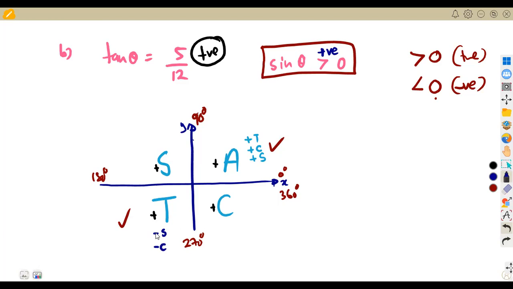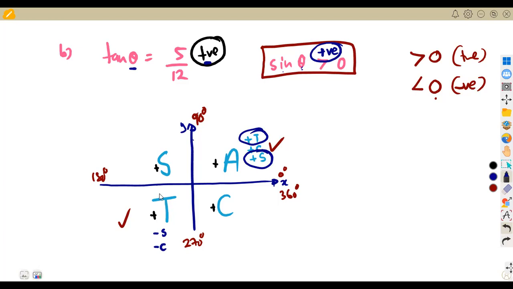So it cannot be this quadrant, because they are saying sine is greater than 0, sine is positive. So we need a condition where tan is positive and sine is also positive. Which quadrant is that? That is the first quadrant, from 0 to 90. That's where tan is positive and sine is also positive.